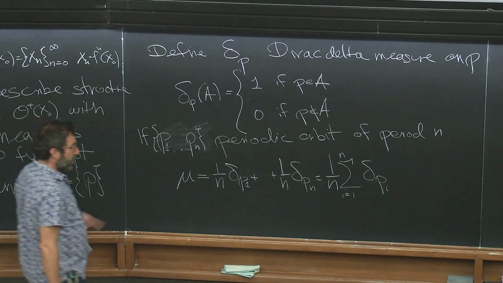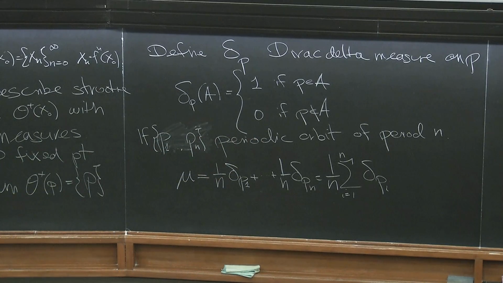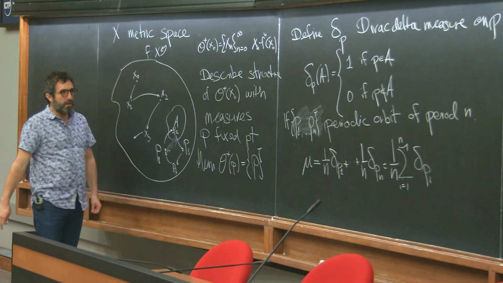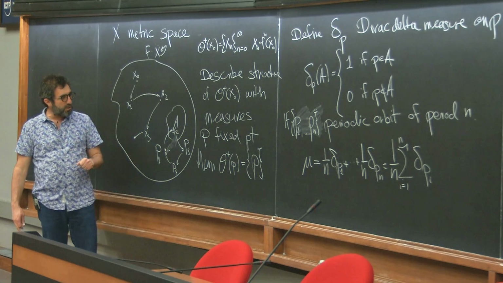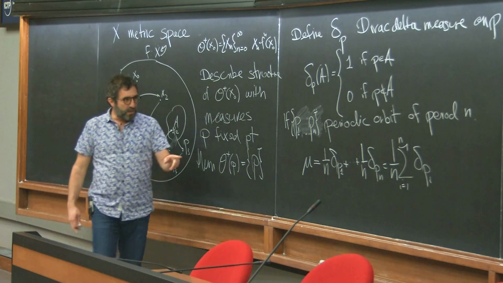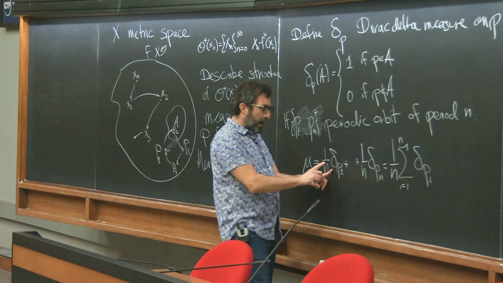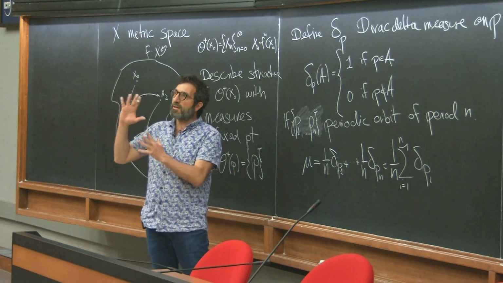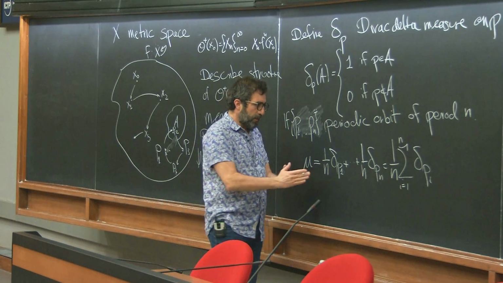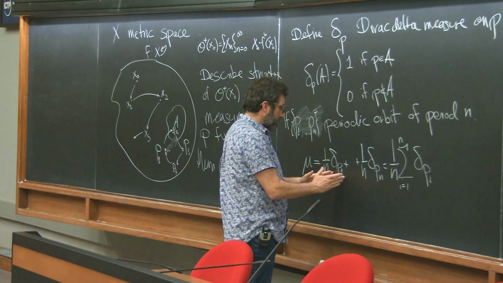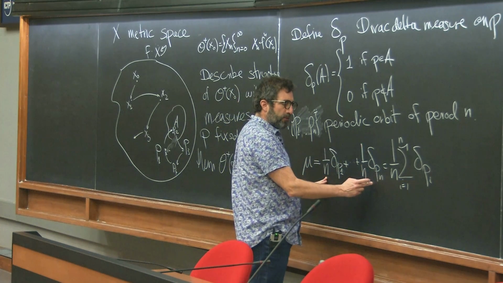This is now still a probability measure. So if I take a set A, what is going to be the measure of the set A according to this measure? What I've done here is distribute my 1 kilogram of sand equally on all the points of the orbit. On each point, I have 1 over n of the measure.